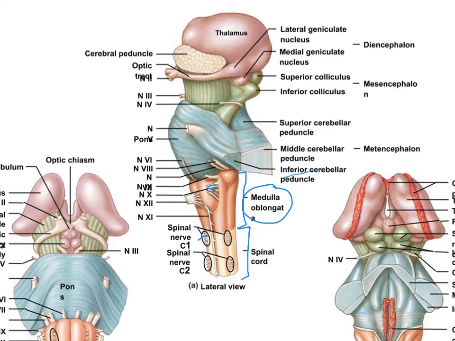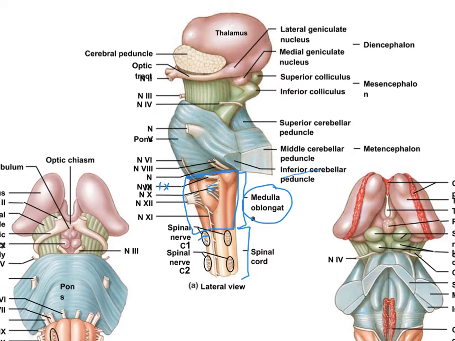The medulla oblongata contains the highest number of them: cranial nerves 9 through 12 come off of the medulla oblongata. Here you can see, though you just can't see that number very well, that's supposed to be 9.